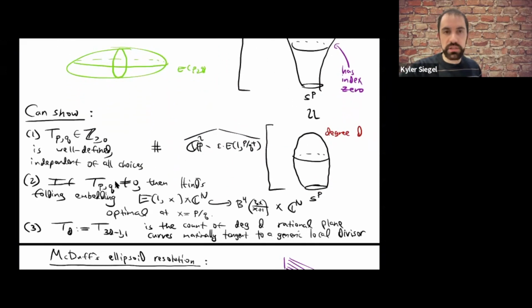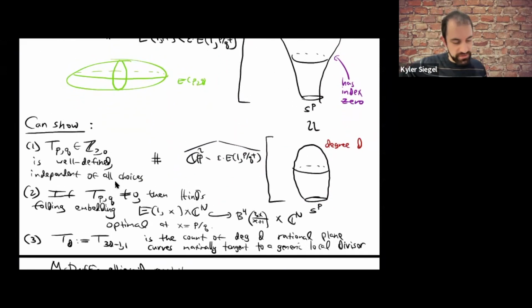Okay, so you can show that this counts. So this gives you just some sort of numbers, TPQ, which I'm rather obsessed with, and you can show that they're integers. In fact, as a consequence of automatic transversality, they're non-negative integers.